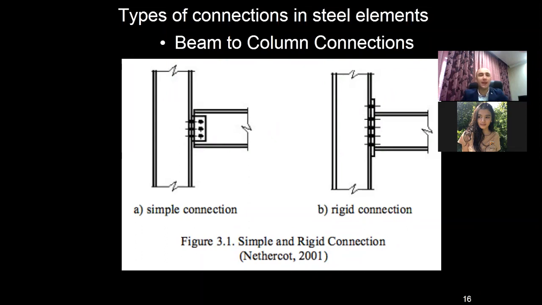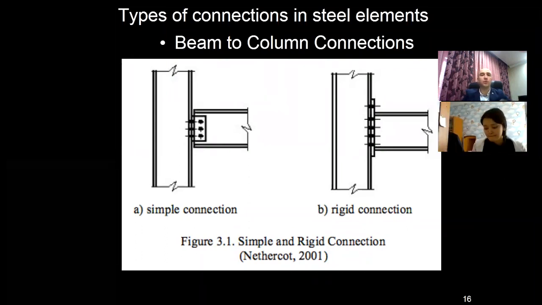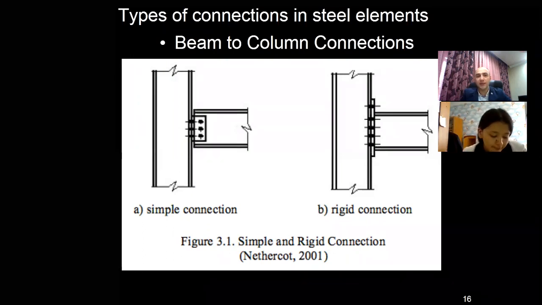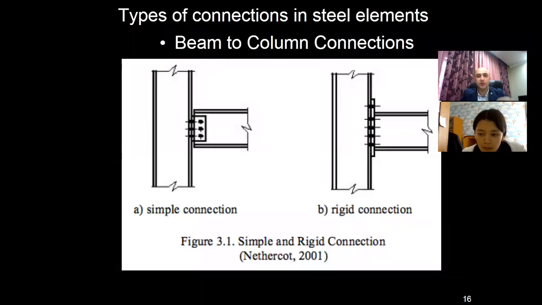For example, the end plate of the connection, like what you see in the picture, extended or extended with stiffeners, the end plate thickness, bolt diameters, compression or tension stiffness, the web panel of the column, and also the shear stiffener on the web panel of the vertical column.